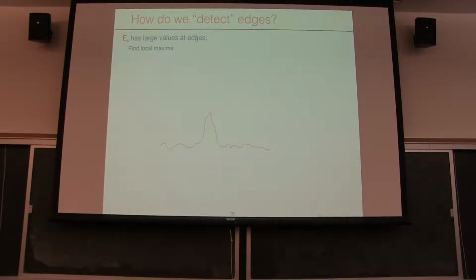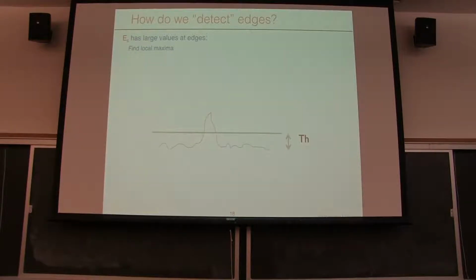So I need to pick a threshold. Anything above that threshold is an edge, okay? So here I pick my threshold high enough that I don't have these bumps, and low enough that I keep this guy. Now I'm saying that my edge is going to be thick.